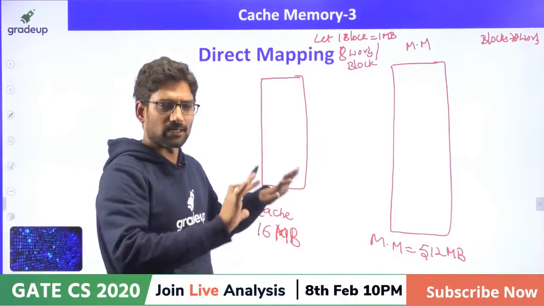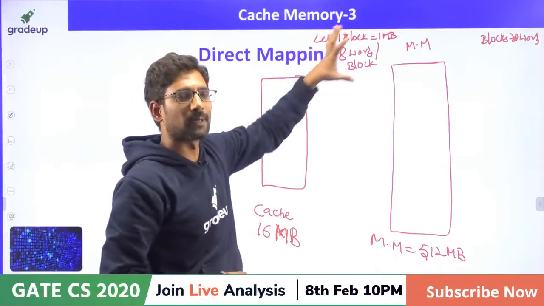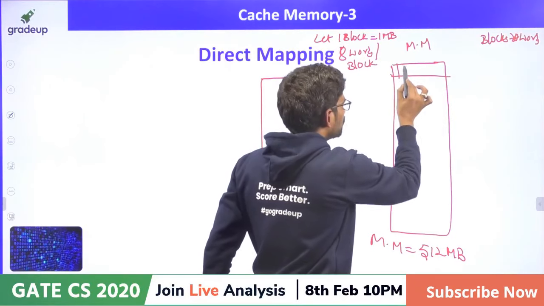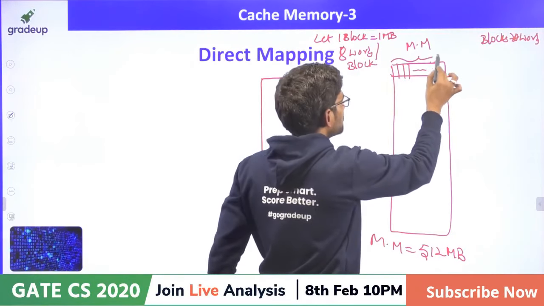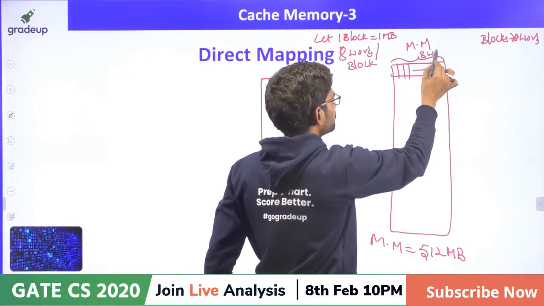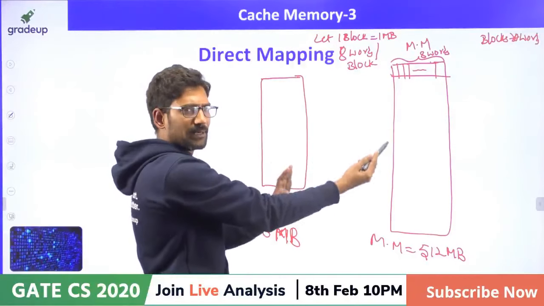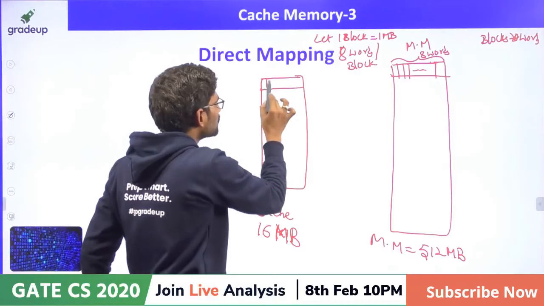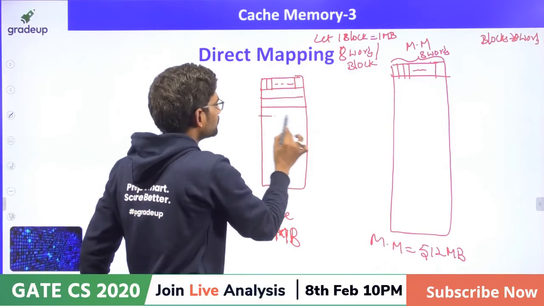These are just assumptions. So this is the block, and these are the 8 words. We know block size of main memory and cache memory will be the same. So cache memory also will have 8 words in every block.